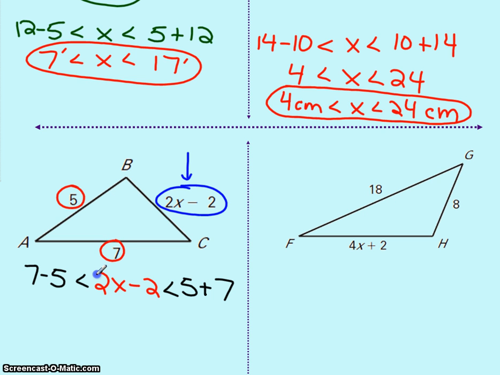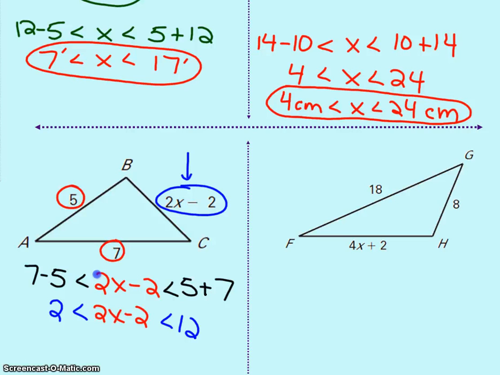Okay, so 7 minus 5 is 2. 5 plus 7 is 12. And then my expression in between should be the same. So very similar to what we were just doing. Instead of x in between the sum and the difference, the expression is between the sum and the difference. Well, I want to solve for x.